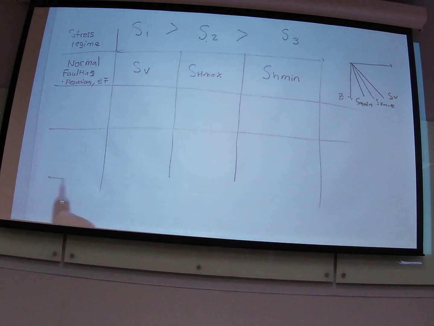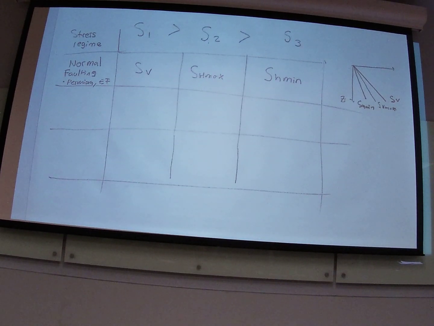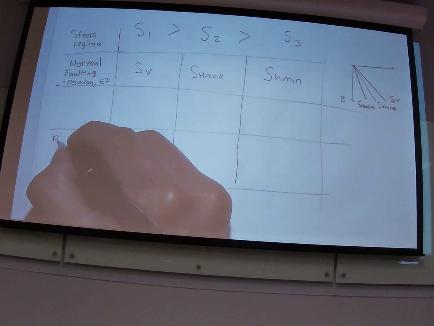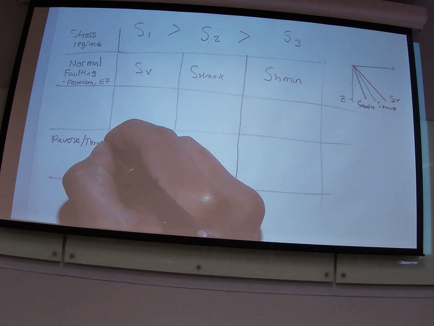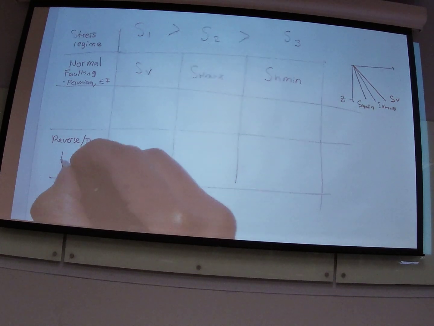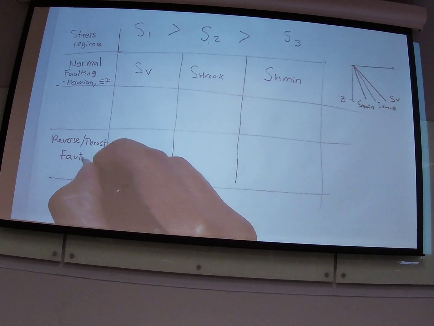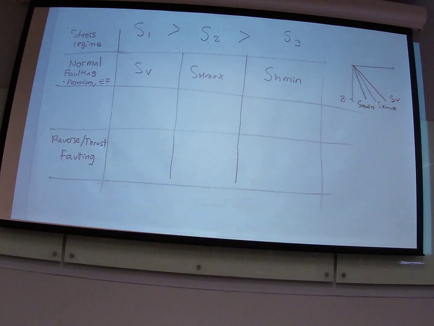Let me go to the totally opposite case, which is called a reverse or thrust faulting stress regime. This is a case when the tectonic plates push so hard in the lateral direction.